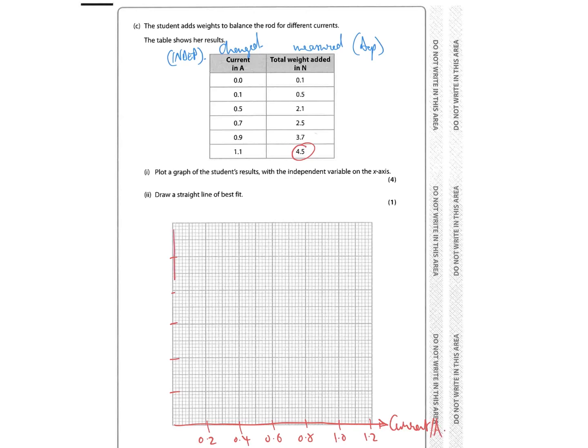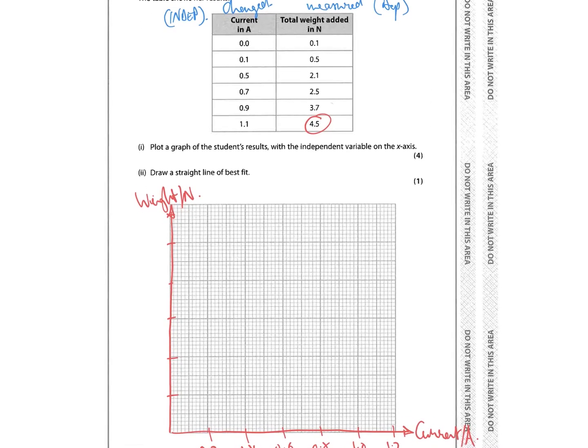The vertical one is going to be the weight in newtons, and I'm going to have to go to 5.